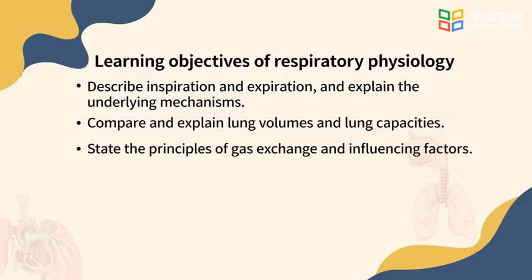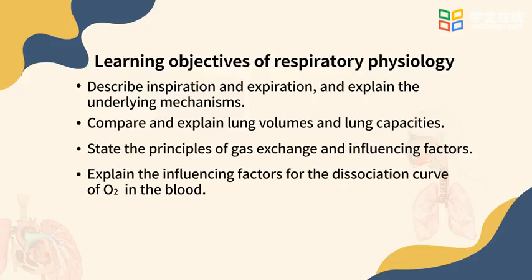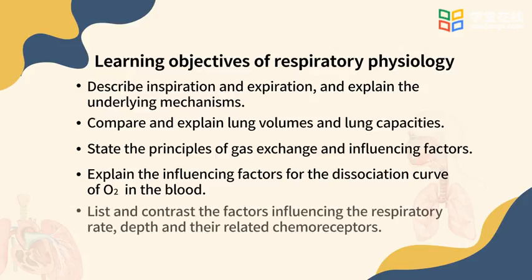Third, state the principle of gas exchange and the influencing factors. Then explain the influencing factors for the dissociation curve of oxygen in the blood. Last, list and contrast the factors influencing the respiratory rate, depth, and their related chemoreceptors.